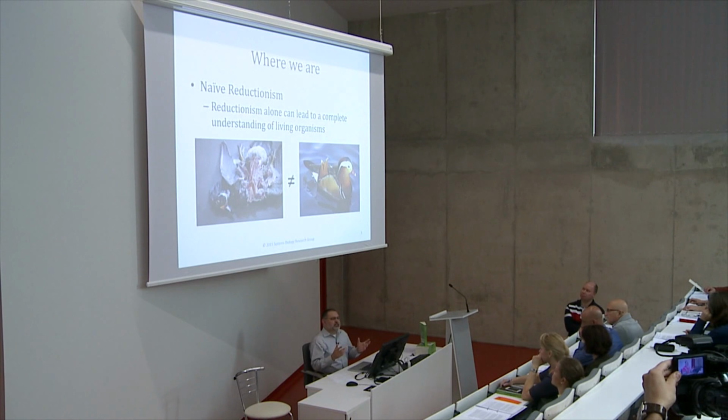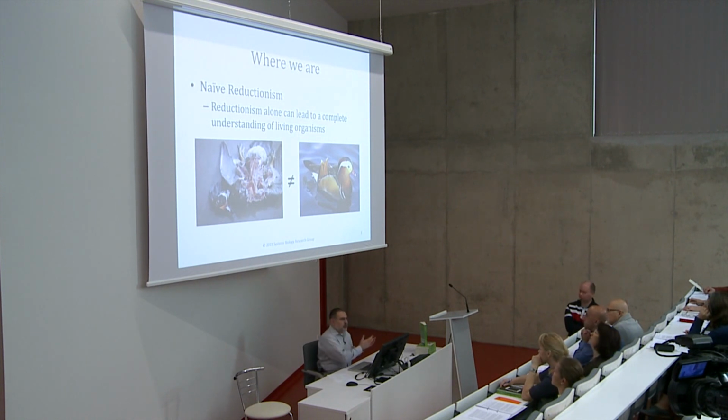And really, this tendency has come through a series of observations over the last, say, 120 years, starting with Darwinian evolutionary thought, and then the discovery of DNA, and then the entry into molecular biology.